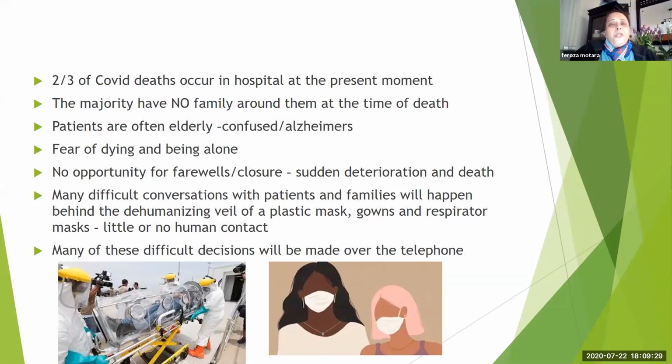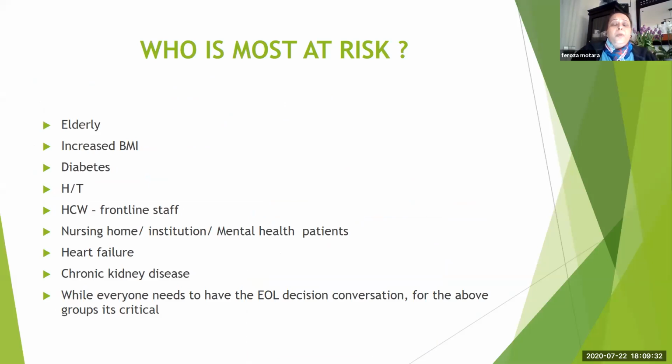So who are the patients most at risk? Prof. Bloomberg discussed this last night. Obviously the elderly, and again, as I said, for the elderly patient there's the risk of Alzheimer's and mental confusion, which already provides an anxiety-provoking situation.